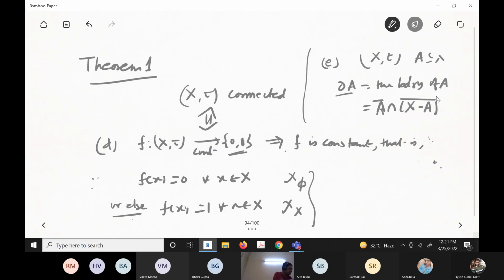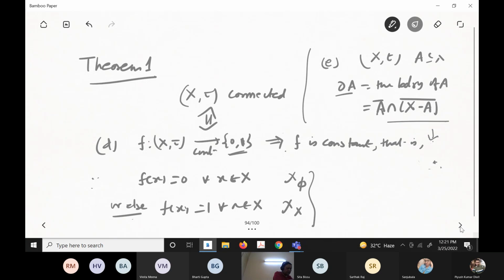Saying every non-empty proper subset has non-empty boundary is because if you have an empty boundary, then it will be disconnected. You can prove that. This fact is used in topology, but often it is used in functional analysis. This you can prove.